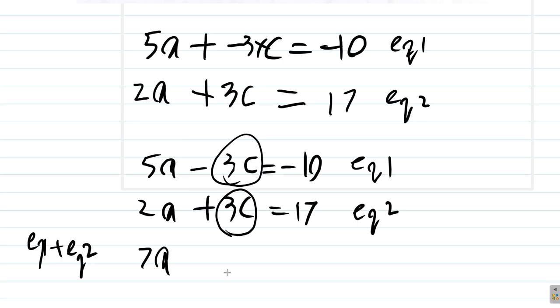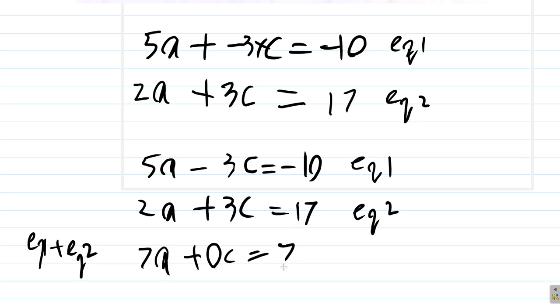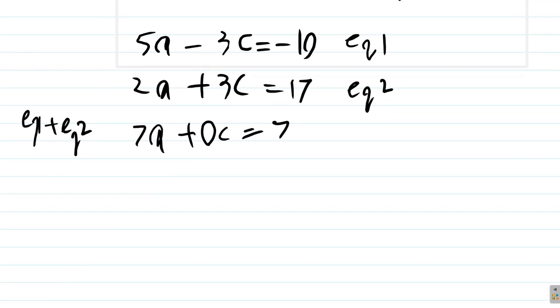Negative 3c plus 3c would be 0c. Add these now. Negative 10 plus 17 would be 7. So what you have is 7a is equal to 7. So a is equal to 7 over 7, which is 1. A is 1. Alright?